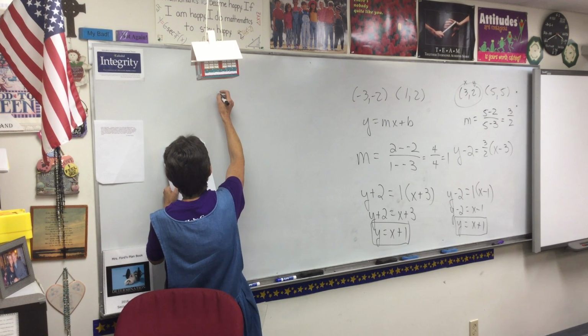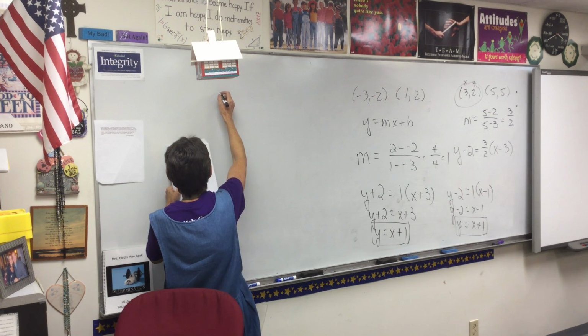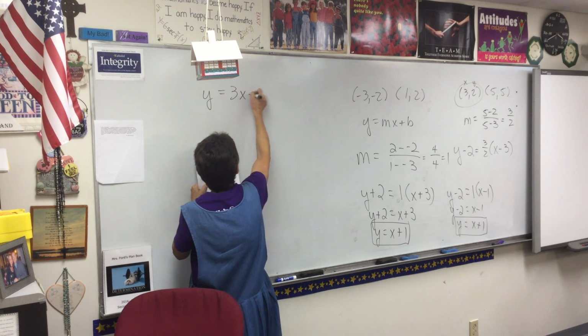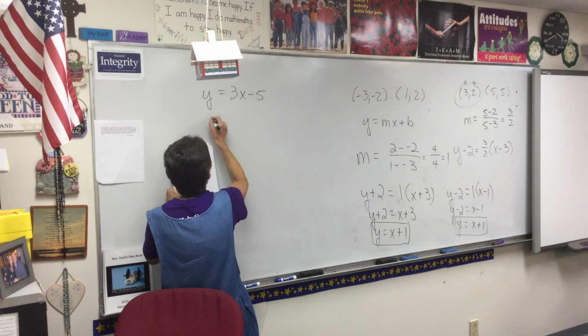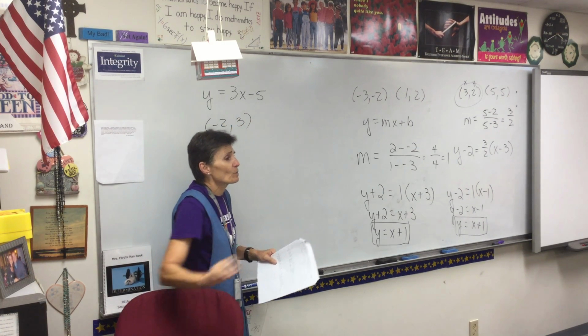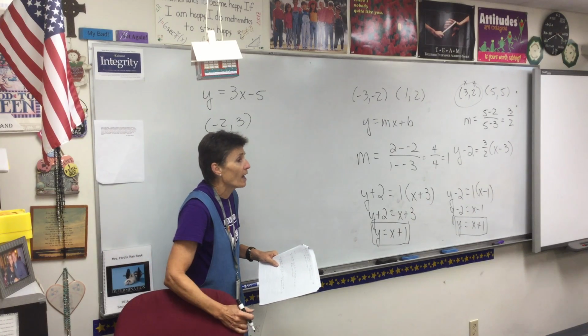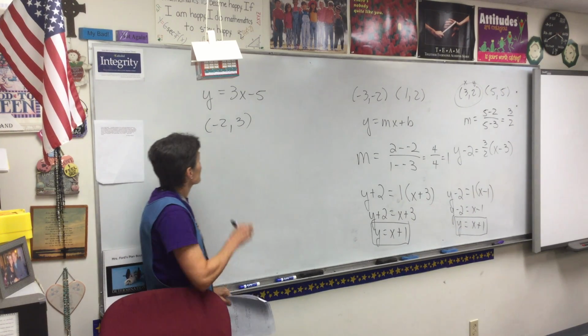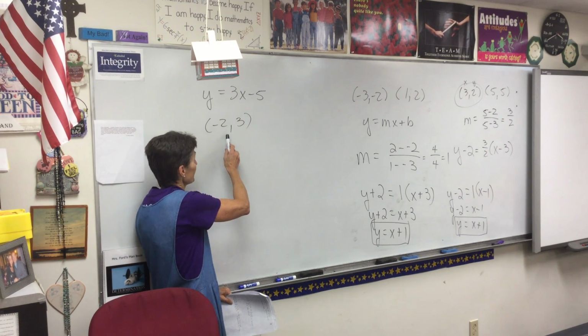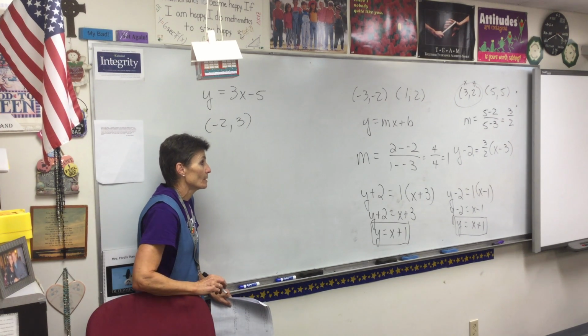Here we go. Now we're going to write the equation of a line, and it's going to be parallel to this one. It's parallel to the one that's parallel to this one, and it goes through that point.